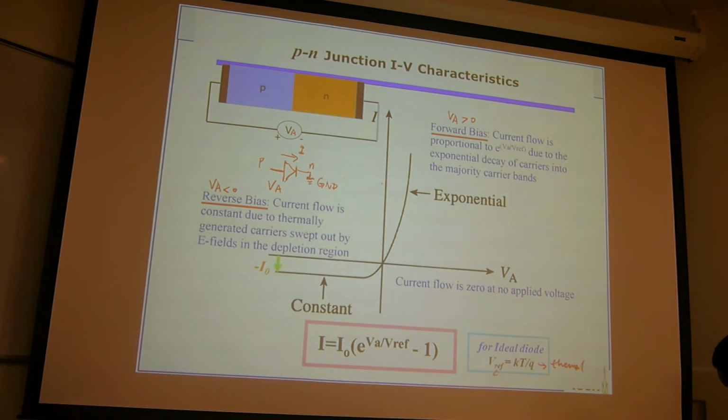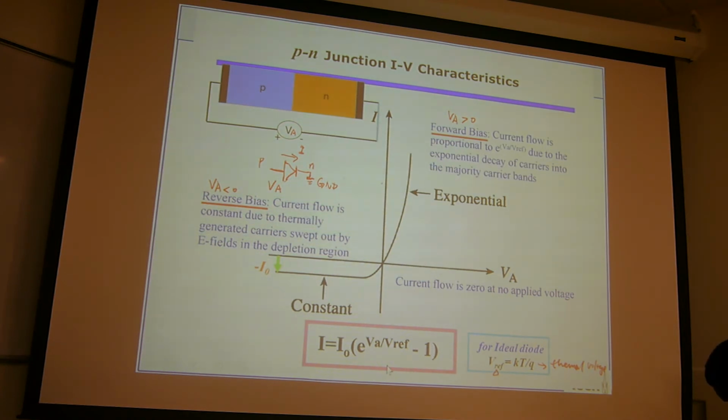It's just a symbol, let's say kT over q. So it's your applied voltage divided by Vref, the thermal voltage, and then minus 1.